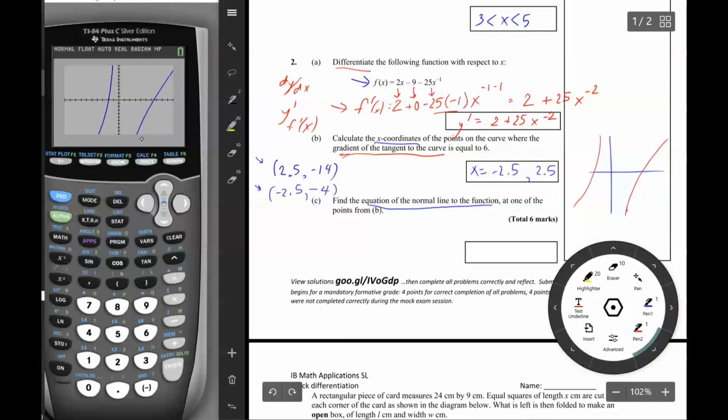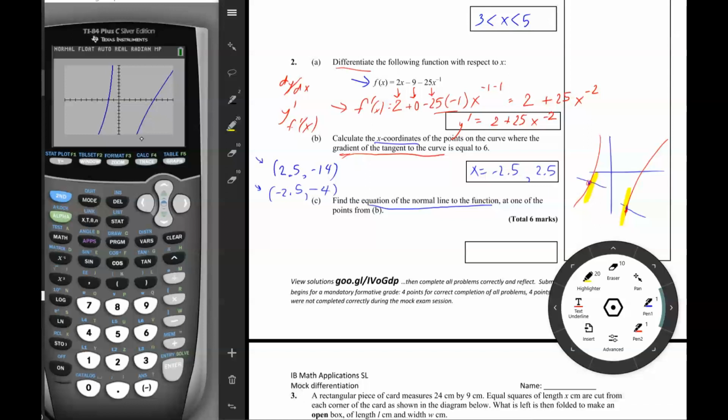And so one of the points is here, and the other point is here. At these 2 points, you have a slope of 6. And what we want to do here is draw a normal line coming out of this point, at either one of these two, okay?